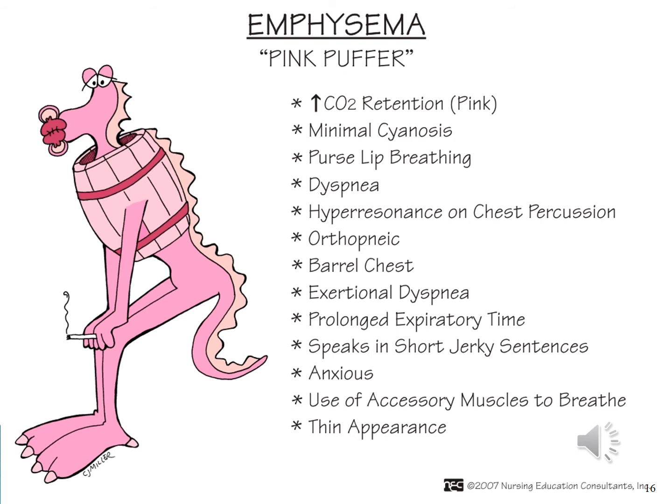They may or may not have a lot of blue cyanotic looks. These patients, if they haven't been taught, they should be taught about pursed-lip breathing. These patients live chronically with activity intolerance because of their inability to exchange gas. So these patients often are thin in appearance. They're usually anxious.